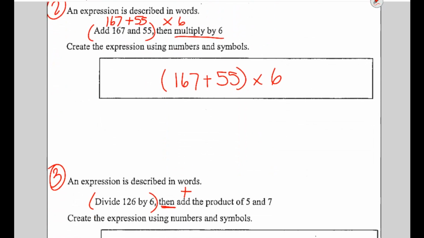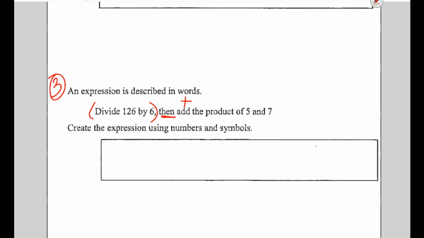So let's go back down. It wants the product of 5 and 7. So that means this is what it's going to look like. First set of parentheses is 126 divided by 6, or the way that you would see it on a Google form would be 126/6. That means divide.